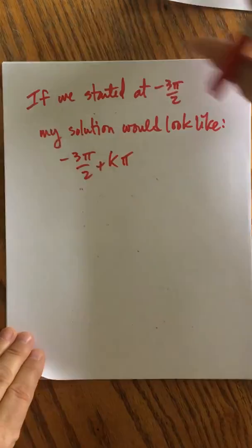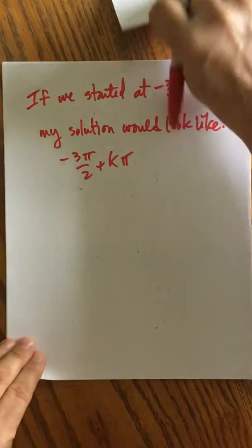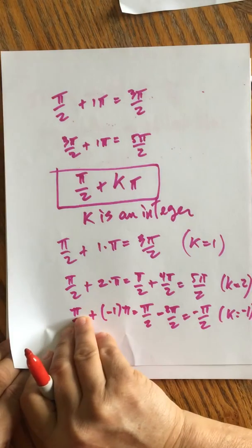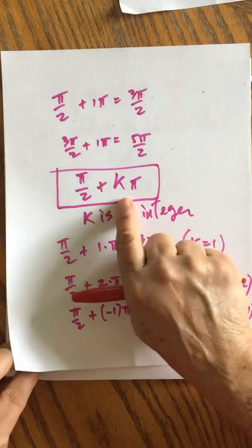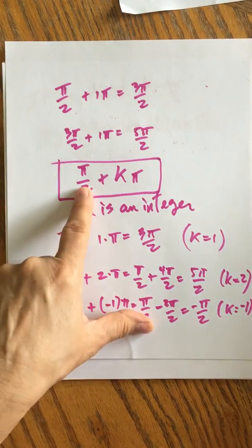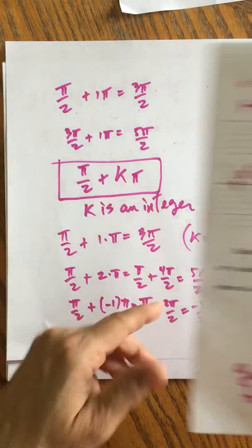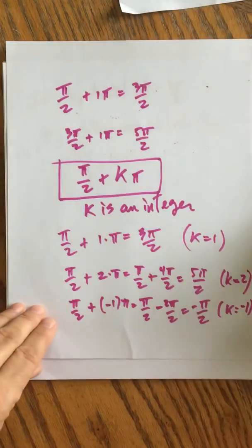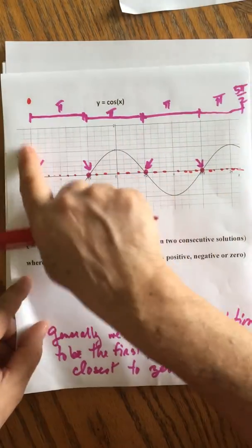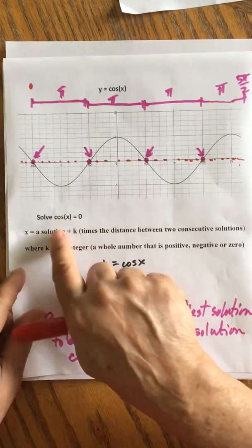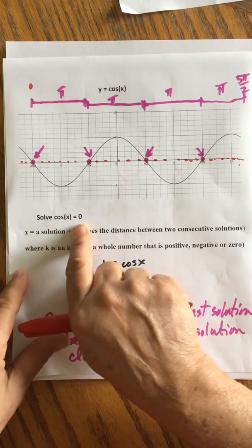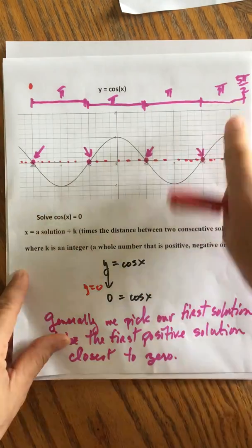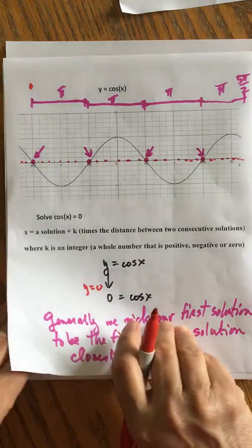And that looks an awful lot like pi over 2 plus k pi, because remember, we're looking for a solution plus k times the distance between two consecutive solutions. Well, the distance between any two solutions, when we're trying to solve cosine x equal to 0, is the same. It's just, where do you want to start with your first solution?